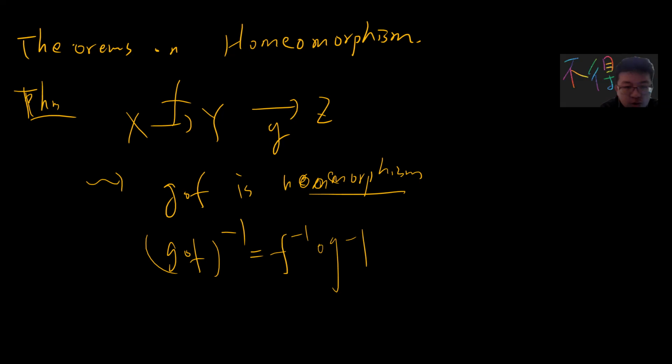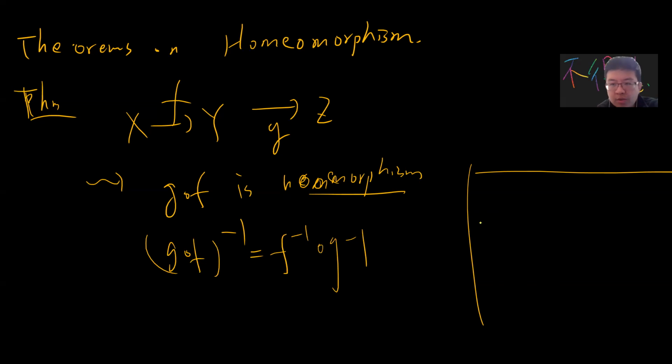Okay, and also one thing I want to mention is that in the future I will talk more about Hausdorffness, compactness, and connectedness. So connectedness, Hausdorff, and all these properties will be preserved with respect to homeomorphism.